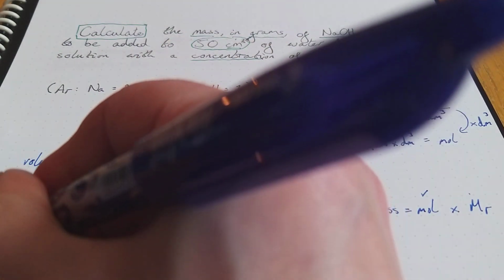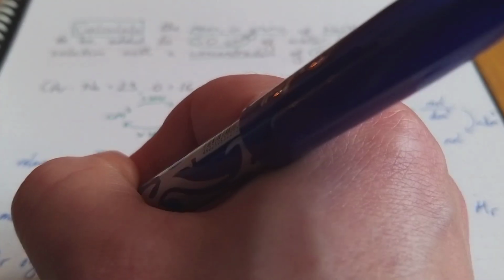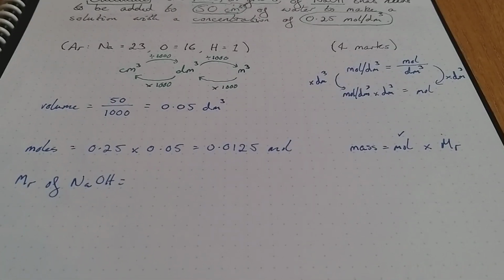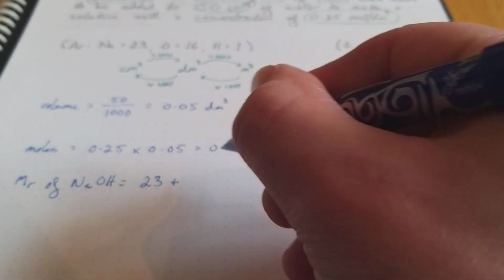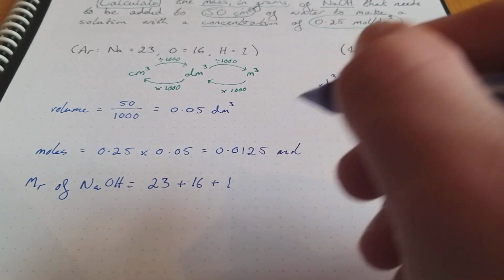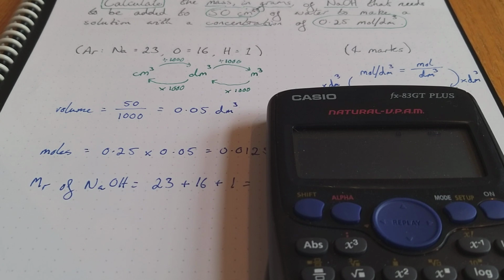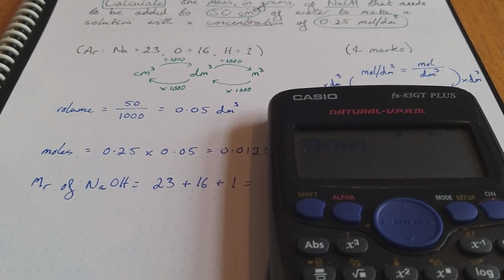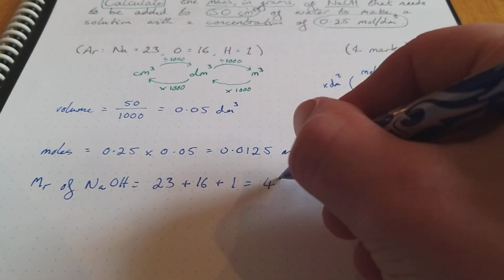Okay, so the next one, MR, relative formula mass of NaOH, will equal, well, we've got one lot of sodium, so 23. We've got one lot of oxygen, plus 16. And we've got one lot of hydrogen, plus 1. So on my calculator, we just need to do 23 plus 16 plus 1, which gives us 40. So the MR is 40.